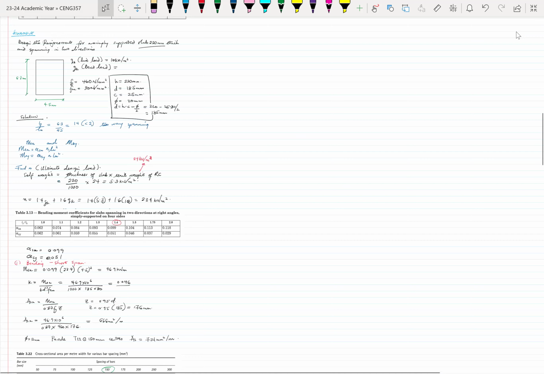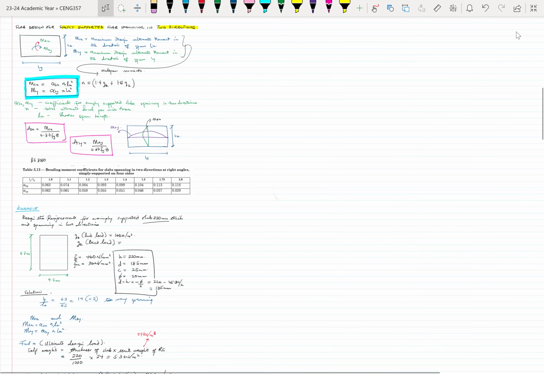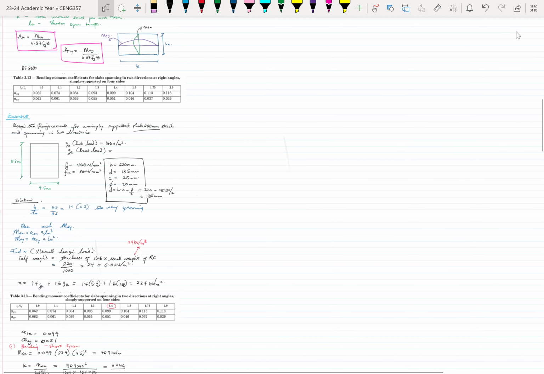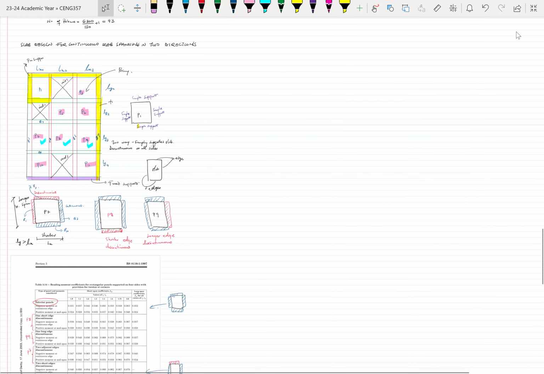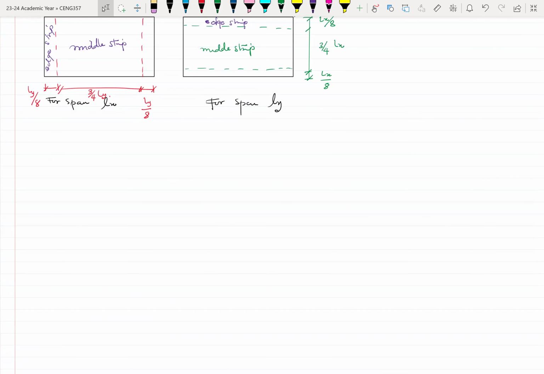So when we're looking at the analysis of the simply supported two-way panel, we have the moment, also in a bi-directional mode. So we have our MSX.